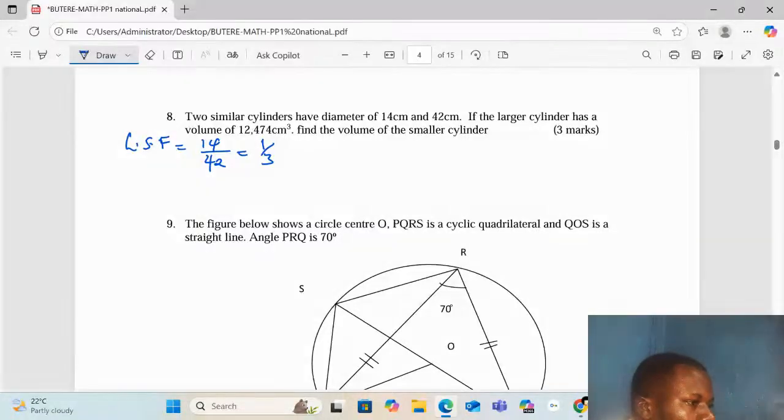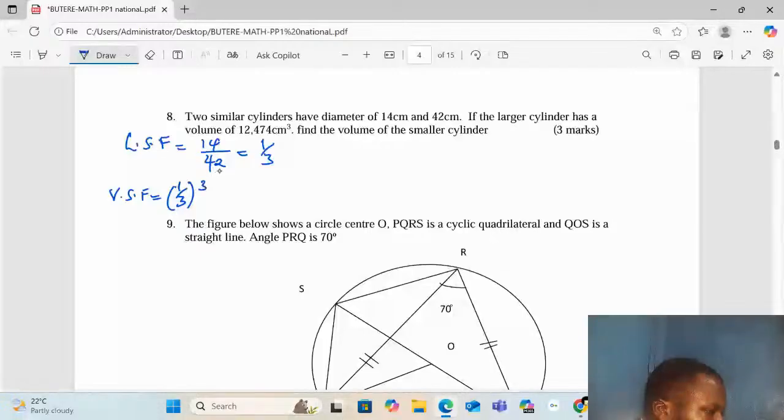Then we are given the volume of the larger cylinder to be 12,474. Therefore, we look for the volume scale factor. We know that the volume scale factor is the linear scale factor cubed. Therefore, a third cubed gives us 1 over 27. So that is the volume scale factor.